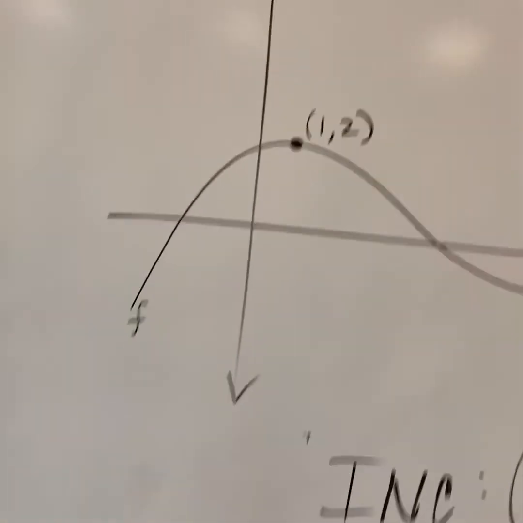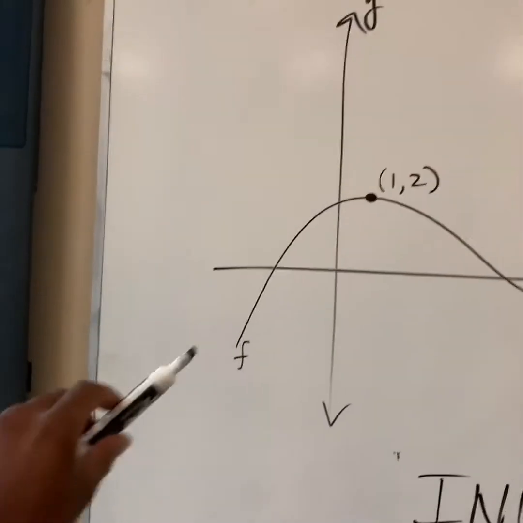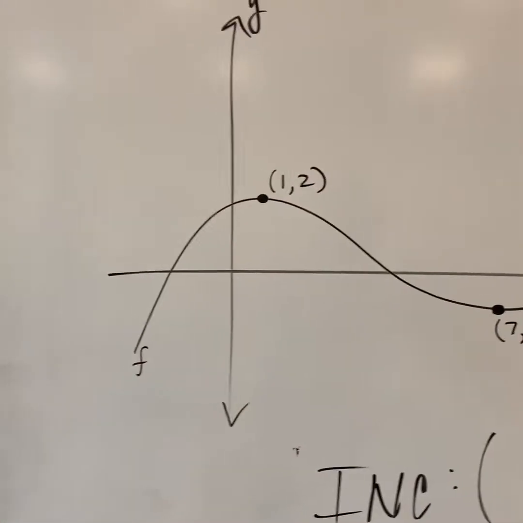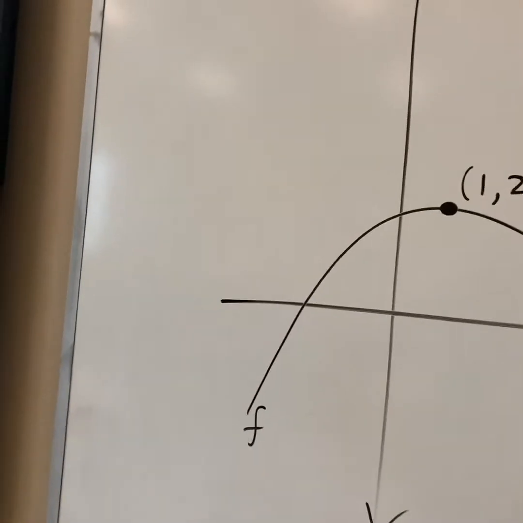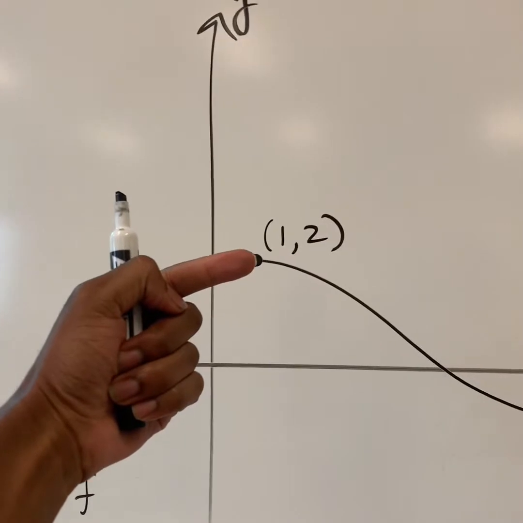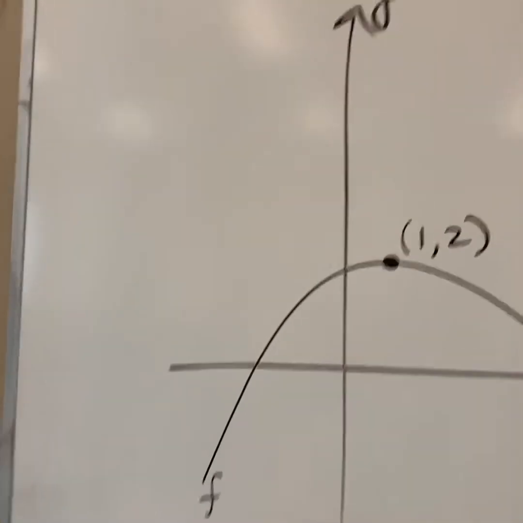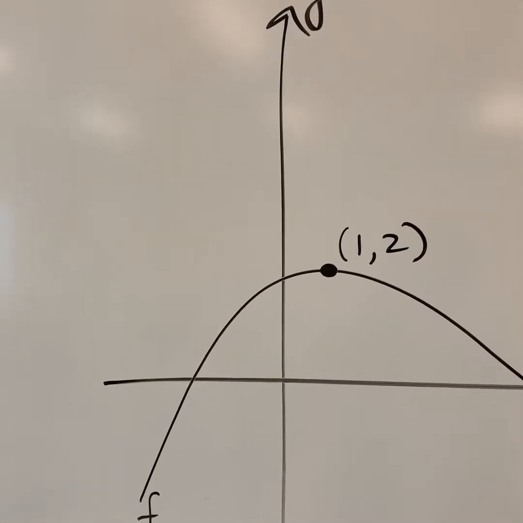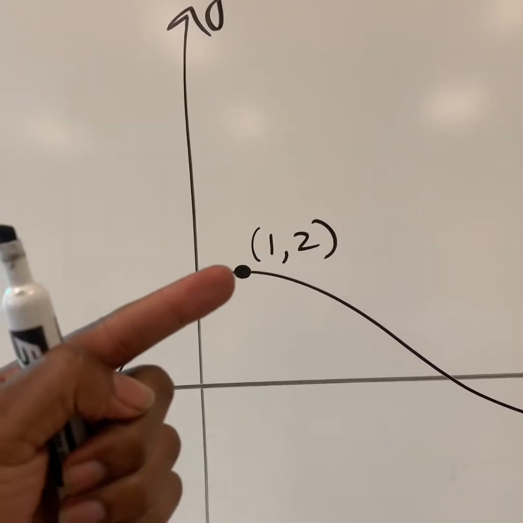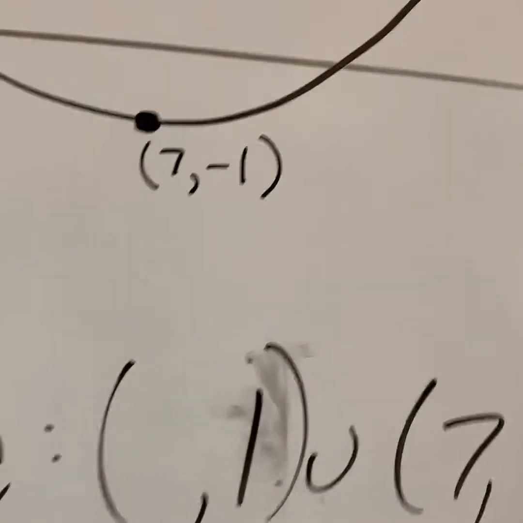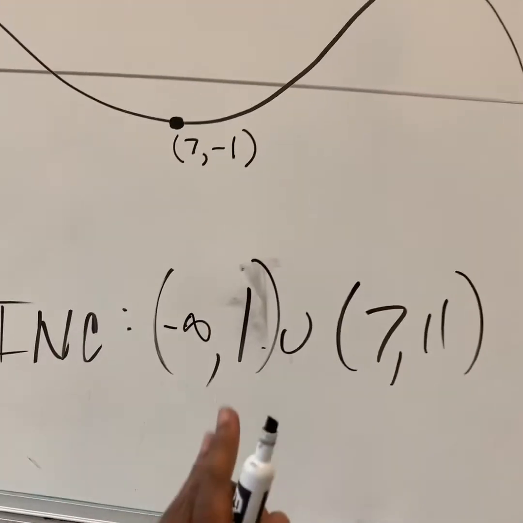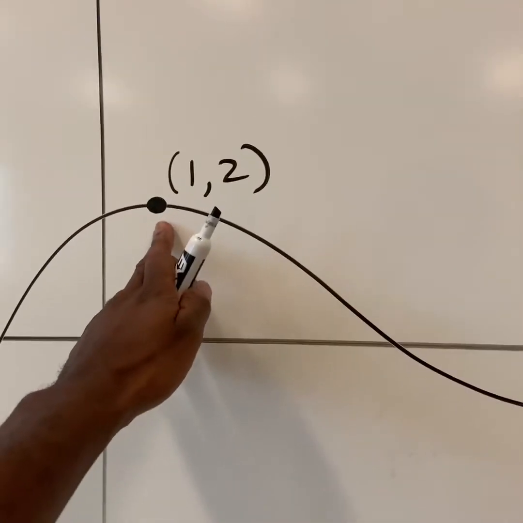The question is, where am I coming from? See what I'm saying? If I'm coming from here, I'm coming from negative infinity. Negative infinity means you're coming all the way from the left, and then you start seeing the graph and you can trace it. You're coming from negative infinity way out here somewhere, and then you start making your way to the number 1. That's why negative infinity has to be written first, and then +1 is where we stop increasing.